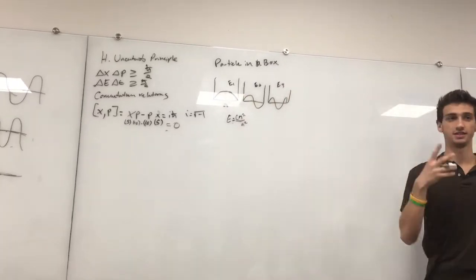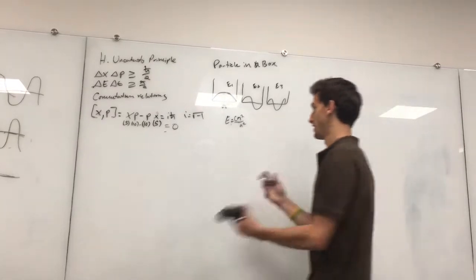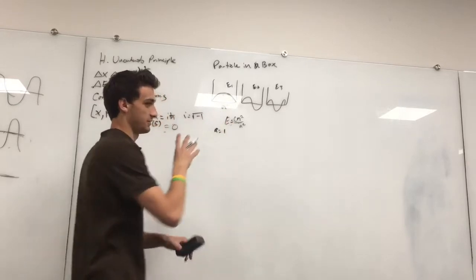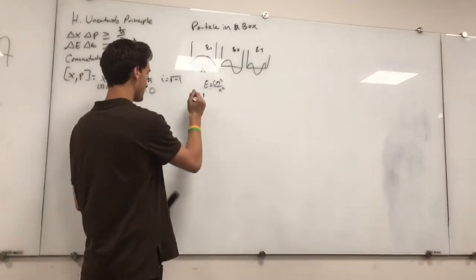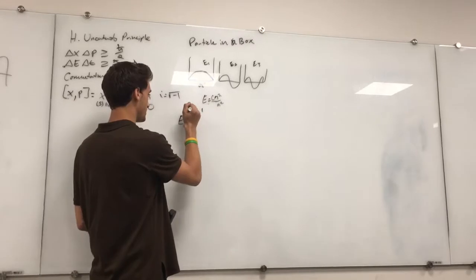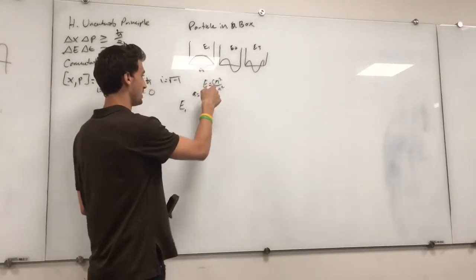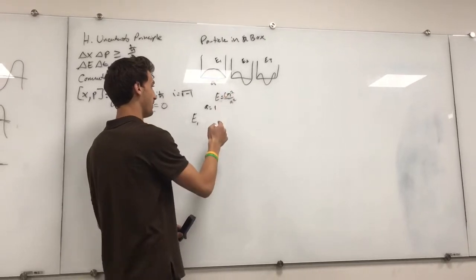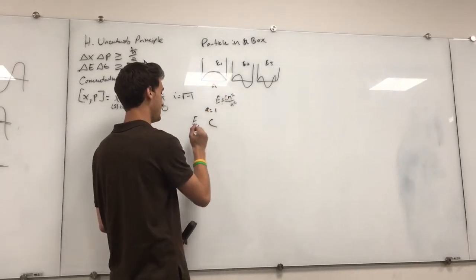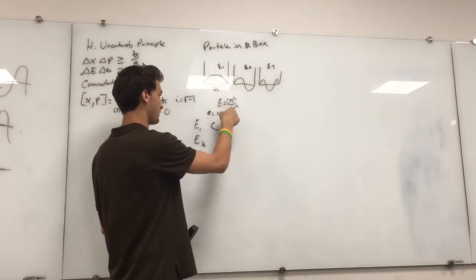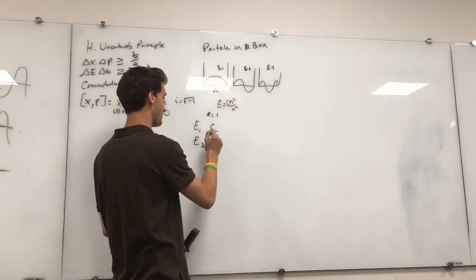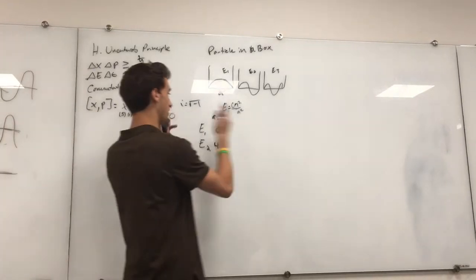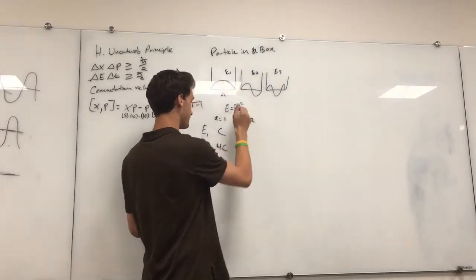C is just a constant, it depends on the particle. Let's do a quick calculation. Let's say A, the length of the box, equals 1 unit. So let's calculate the energy. The first energy for this particle, we plug in 1 for A and 1 for N, which just gives us C. Energy 2, plug in 2 for N, that gives us 4C. Let's say we double the box, so we double the region in which this particle could live.